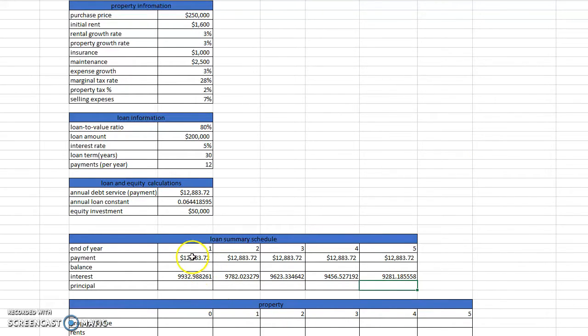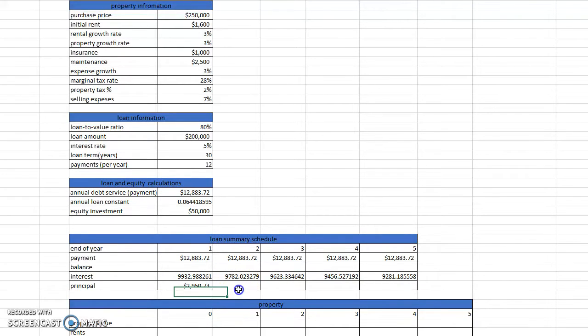Then we can go back up and do the balance. Or no, then we can do the principal, which will equal payment 1 minus the interest.